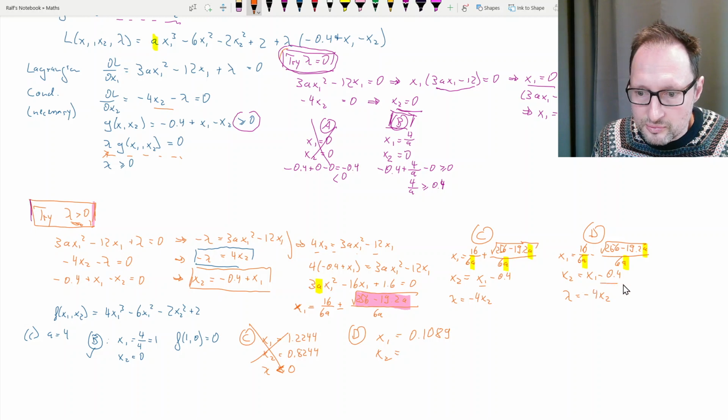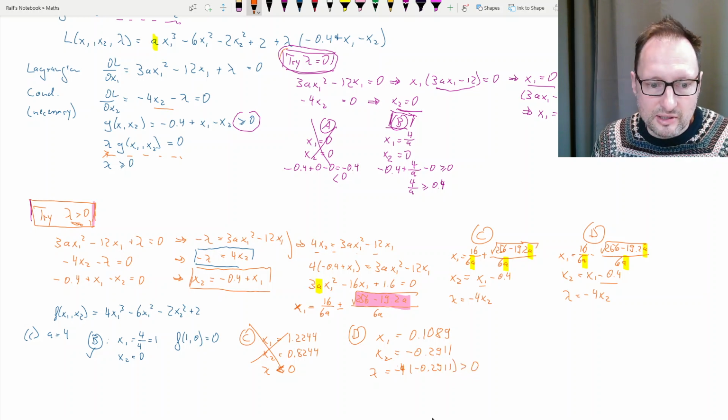Okay, x2 is x1 minus 0.4, so we get negative 0.2911. Then we can calculate lambda, which is negative 4 times negative 0.2911. And really all we are interested in is that this is larger than 0. So D is a potential candidate solution.